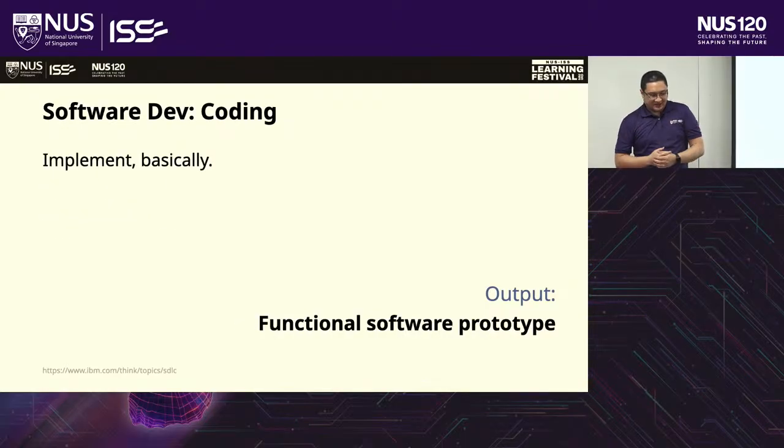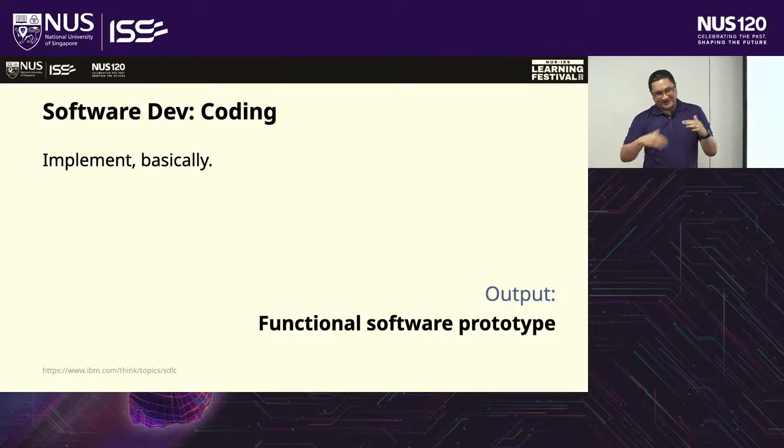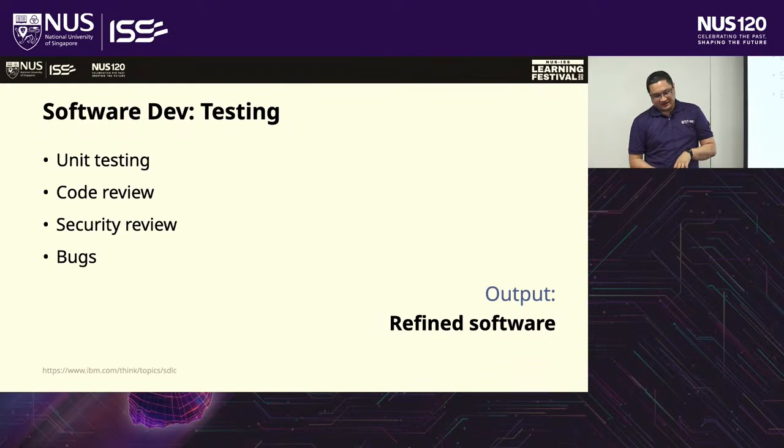The next thing is coding. So the engineers will then code, basically implement what the plan is. It may not be one shot going all the way through, so it could be iterations and all that. But you implement it, and then the output will be a functional software prototype. And the next thing you do, testing. It could be tested by the engineers, by product managers, or by a specialized software tester.